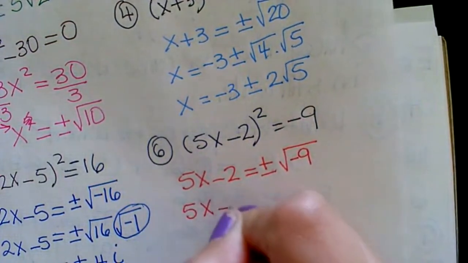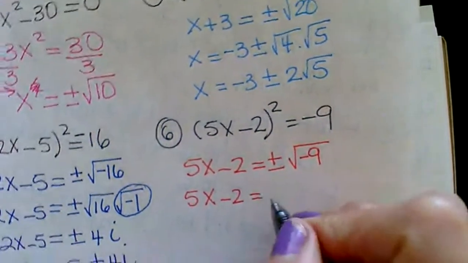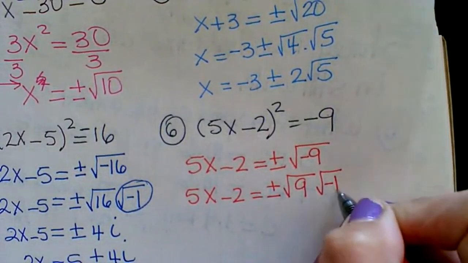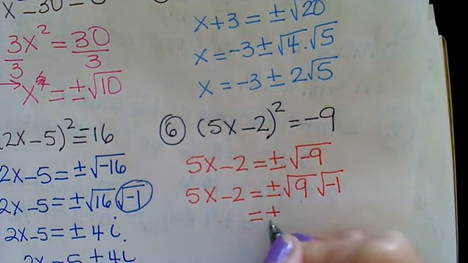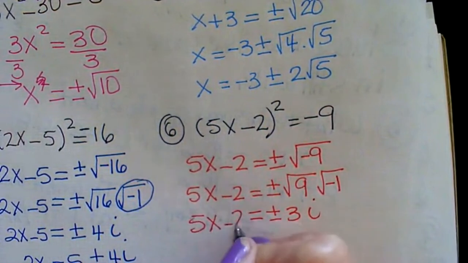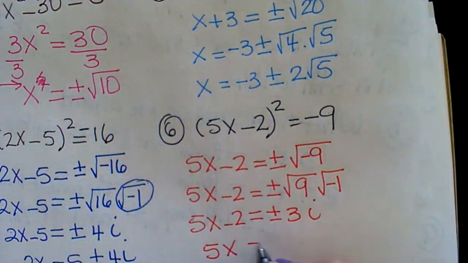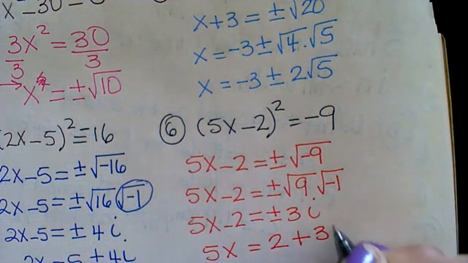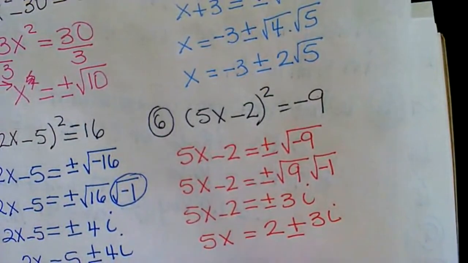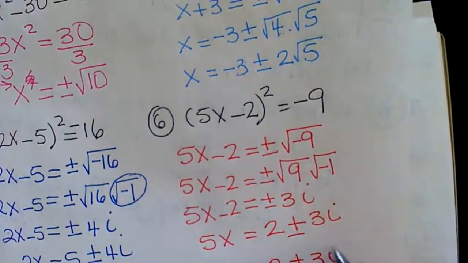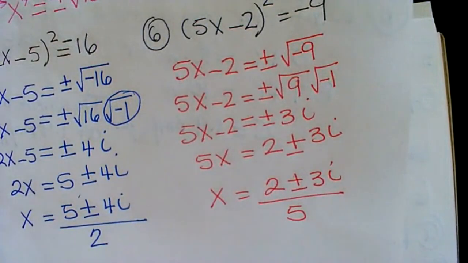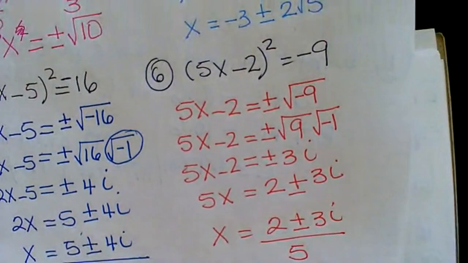But we know that this is equal to plus and minus the square root of 9 times negative 1. This is 3 and this is i. So we have 5x is equal to 2 plus and minus 3i. Now I'm going to divide by 5, and this is going to be everything divided by 5. It's pretty much the same as the other one. Okay?